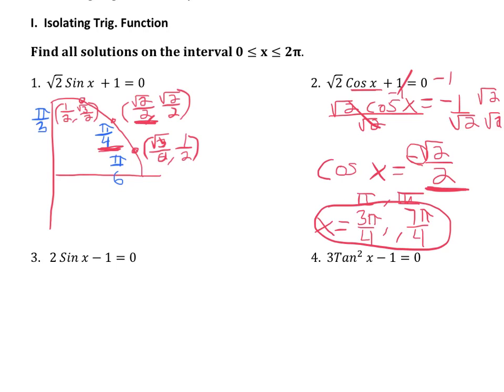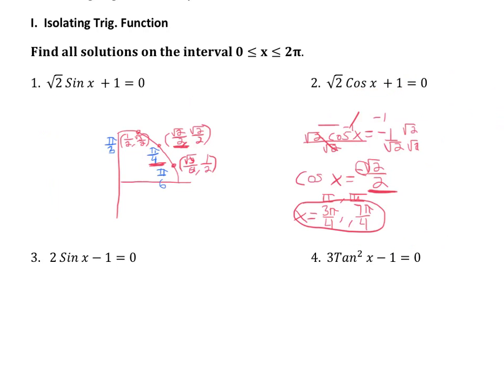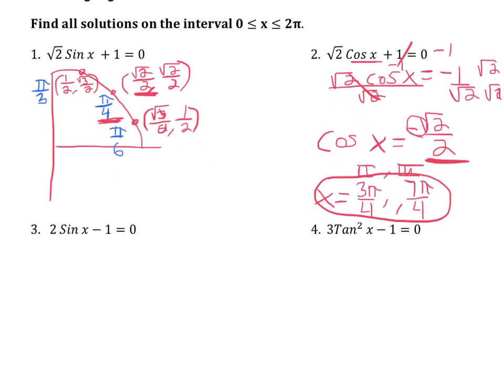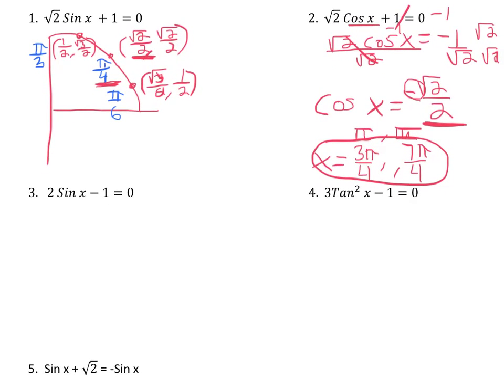Okay, if we go to number 4, now we have tangent, and it's squared. That's the only trig function, so I want to get tangent squared by itself. Skipping a couple of steps, you add 1 and then you divide by 3.